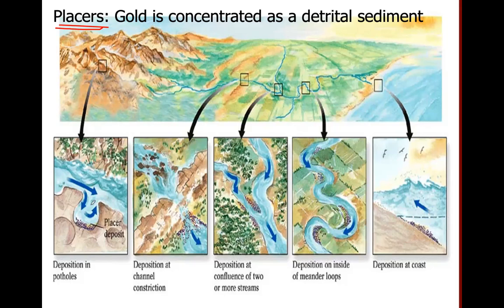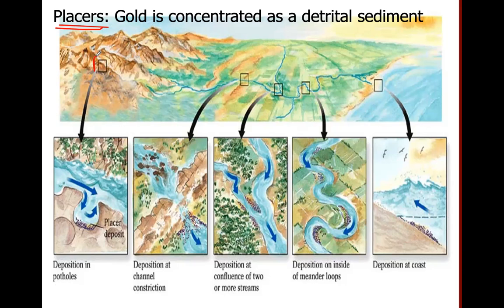For example, here there may be potholes, right? Potholes in mountains or in waterfalls. Always there are some holes created on the rock layer on which the water is falling down, right?